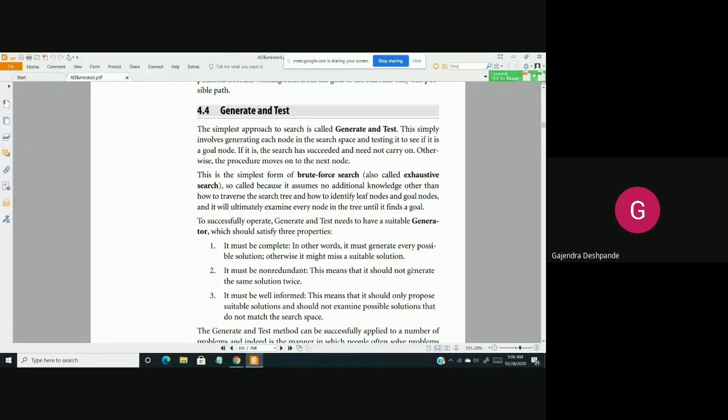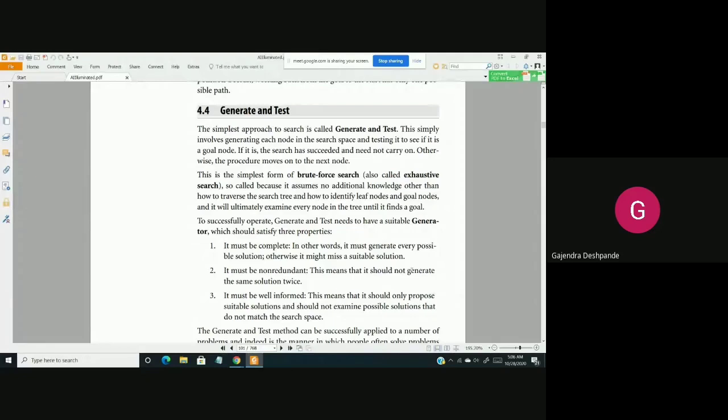What it does is it simply involves generating each node in the search space and testing it to see if it is a goal node. If it is, the search has succeeded and need not carry on. Otherwise, the procedure moves on to the next node.